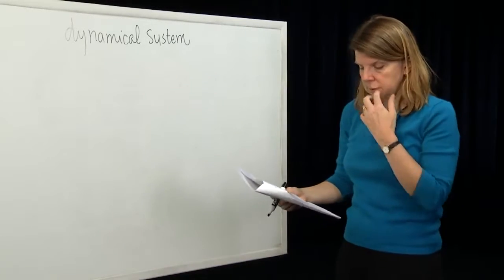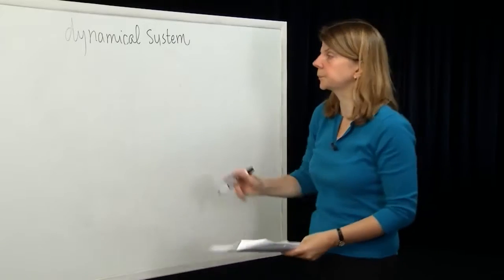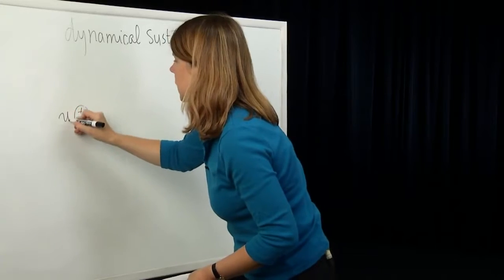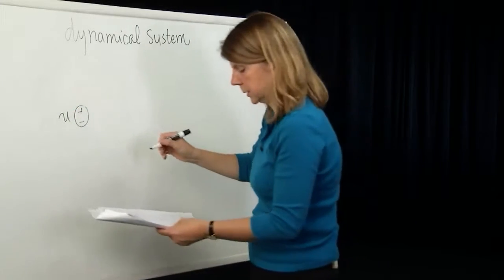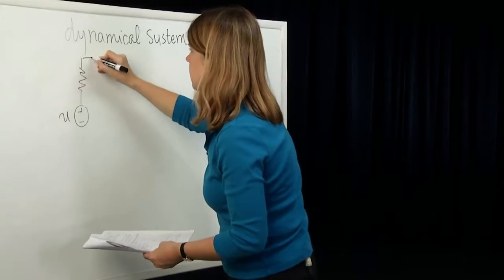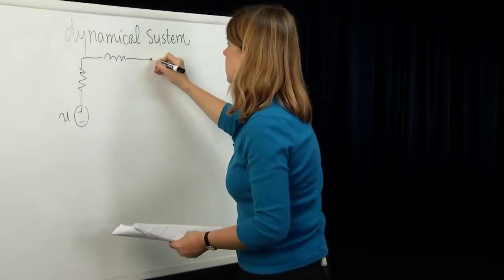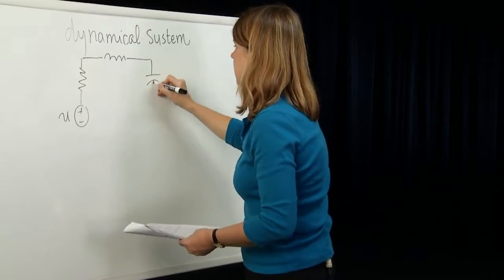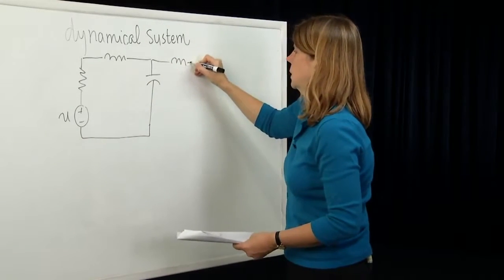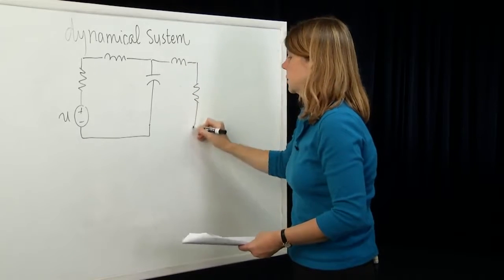It's got a capacitor and 2 inductors. And it's got some voltage source here. Let's let the voltage source be the input. So it's a scalar input function over time. Here's a resistor. Here's an inductor. Here's a capacitor. And here's another inductor and another resistor.